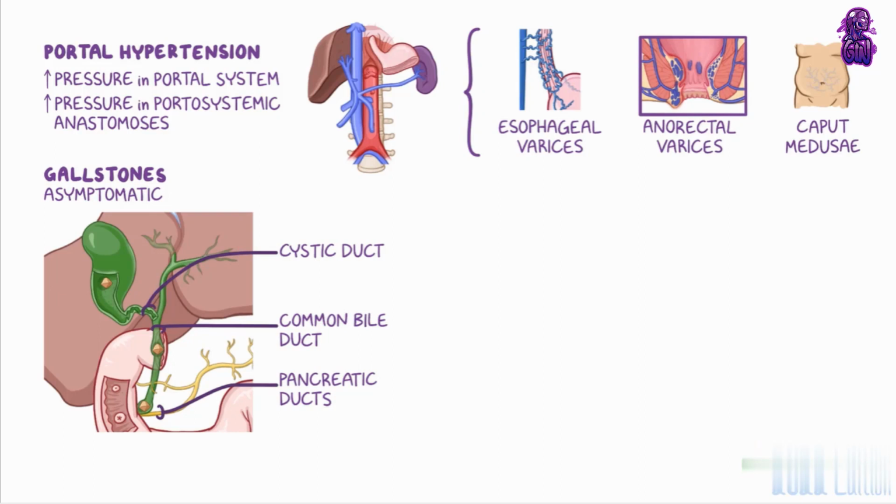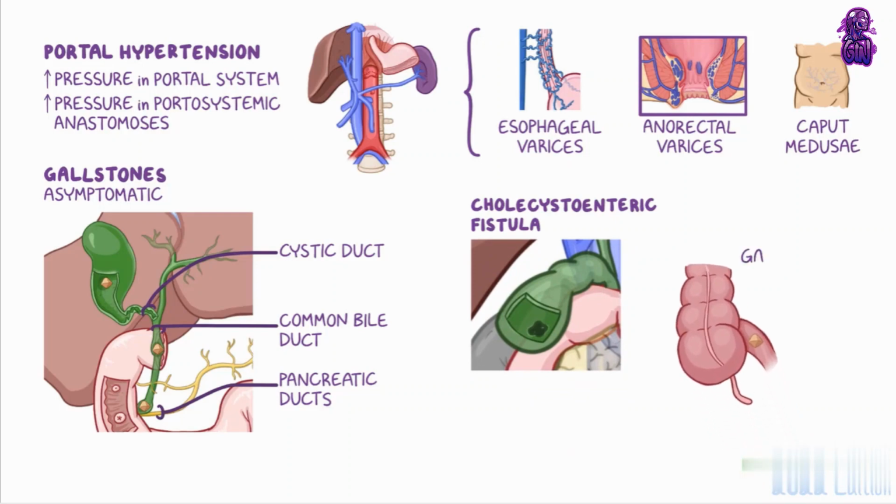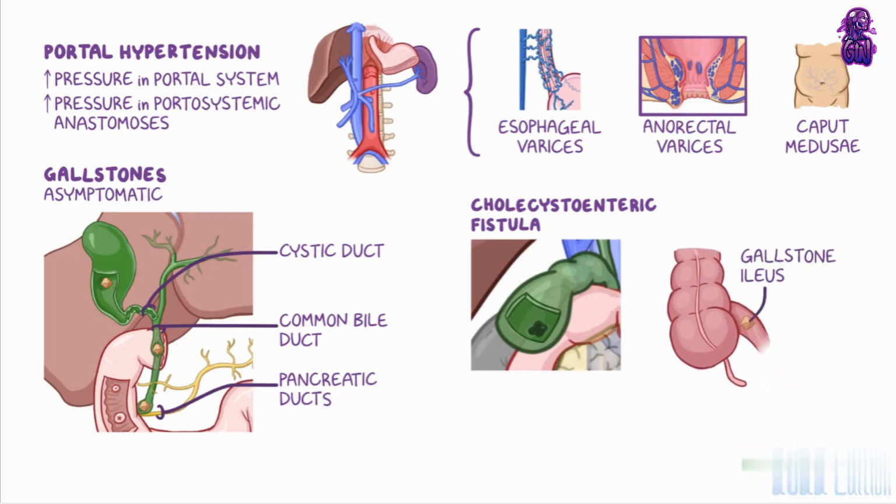An enlarged and inflamed gallbladder can develop communications with adjacent viscera, like the intestine, and this is called a cholecystoenteric fistula, which can result in gallstone ileus, a type of small bowel obstruction. Cholecystectomy is the surgical removal of the gallbladder.